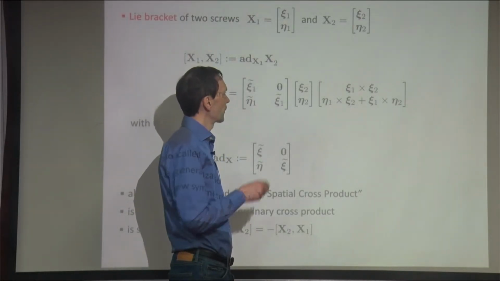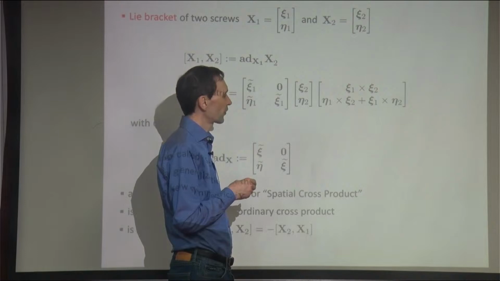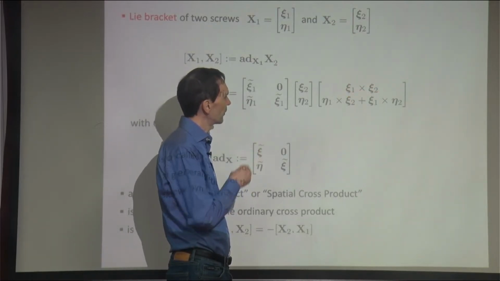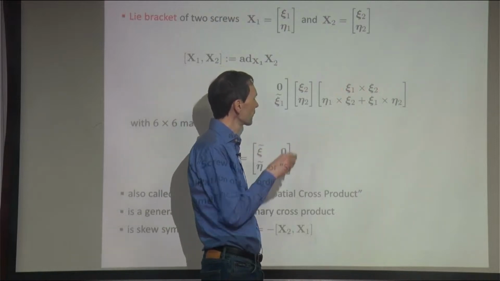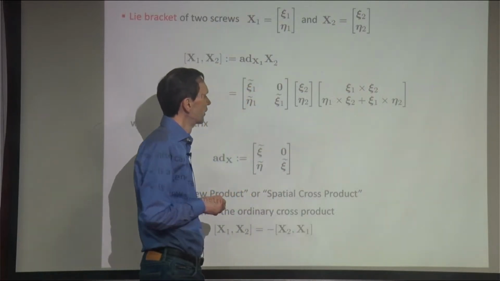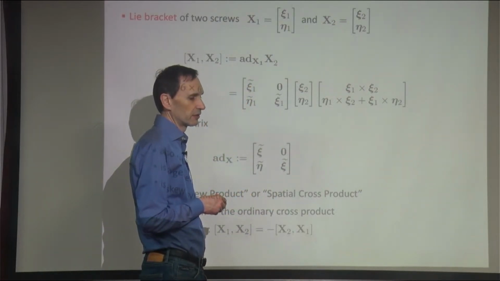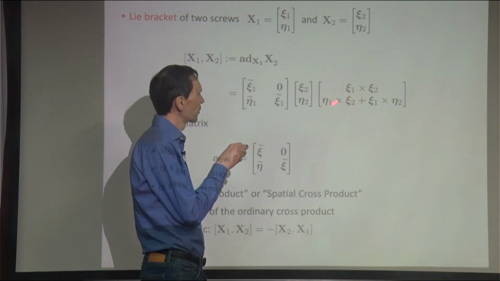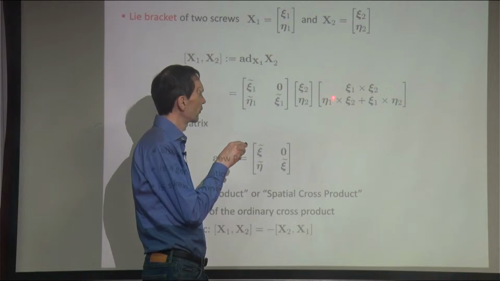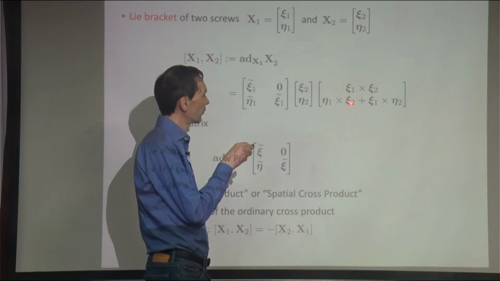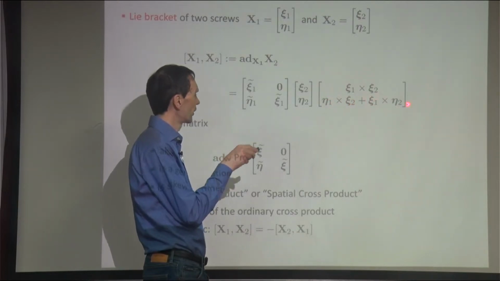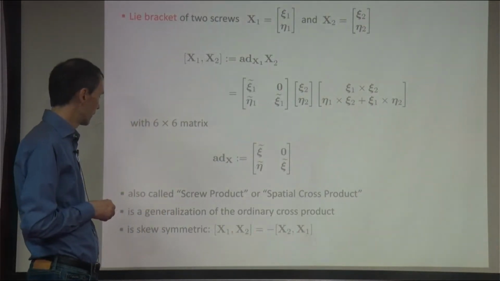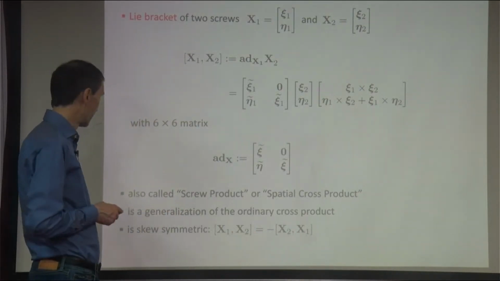If you swap 1 and 2, you get exactly the negative of this thing. This apparently is skew-symmetric because it's a cross product. If you swap them, it gives you negative. And the same is here. If you change 1 and 2, it gives you exactly the same, because then we have eta 2 C1, which is exactly the one here. So it's all the negative. And the conclusion is that this is the skew-symmetric operation.